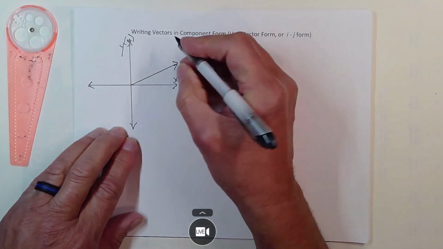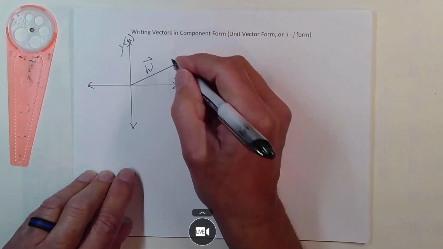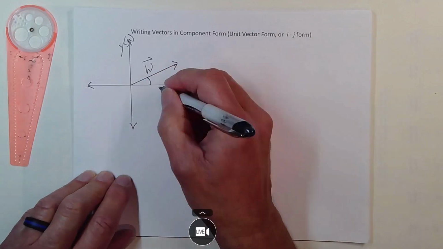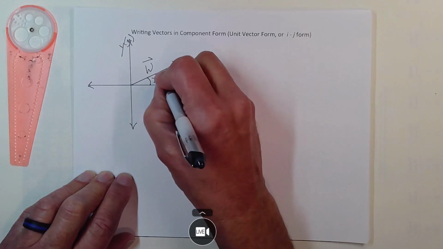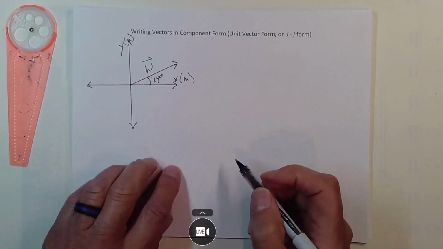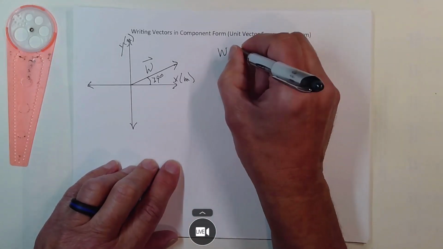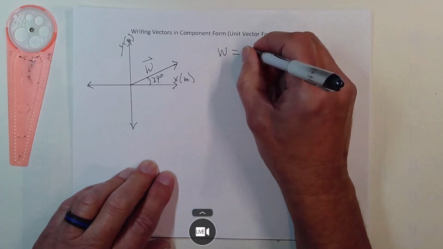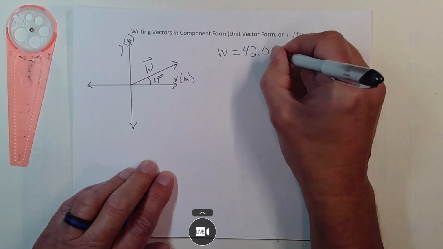But let's suppose I've got a vector W here, and it points in this direction, and it makes a 39-degree angle with the positive x-axis. Okay, so W is going to be the magnitude of this vector, and let's just suppose that it's 42.0 meters.